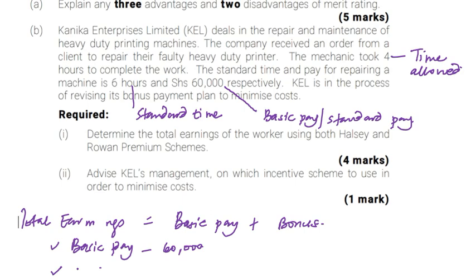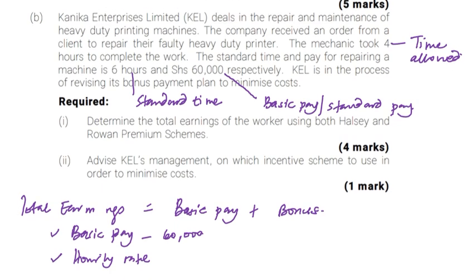The bonus will depend on the scheme you're using. You have been given the time allowed as well as the standard time. We need to come up with what we call an hourly rate. Each hour is how much?